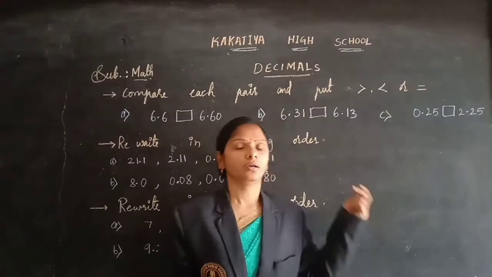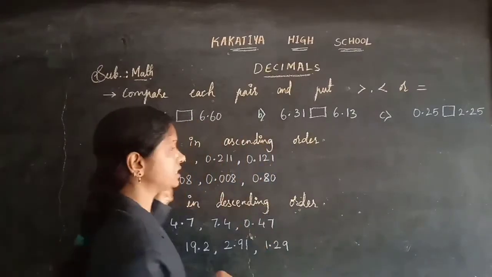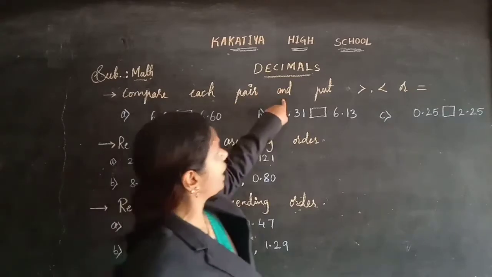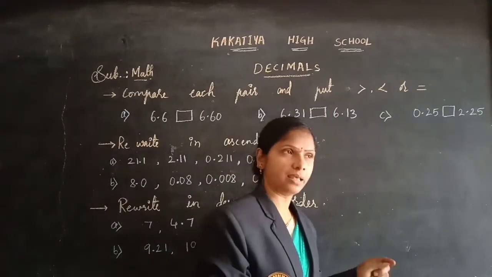Let's do the decimals comparisons here. First bit here: compare each pair and put less than, greater than or equal.